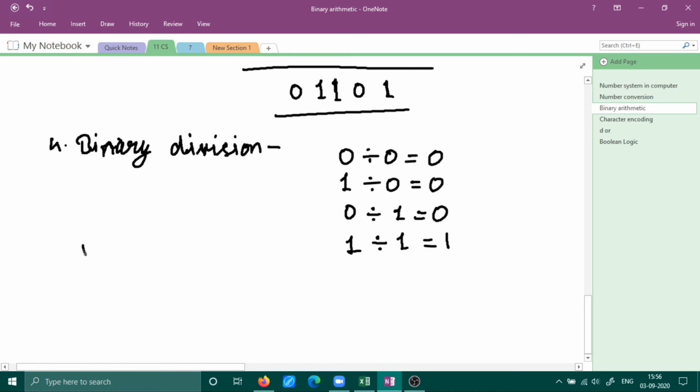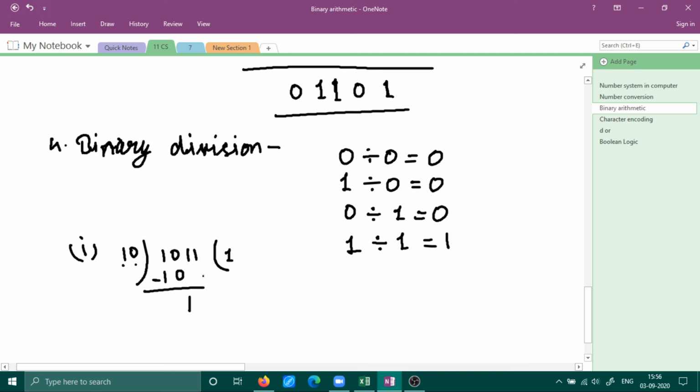Now let us see these rules with an example. Here we have a number 10, and we want to divide the number 1011 by it. So let us divide. Suppose we treat them as normal decimal numbers and then apply the same rule. Suppose this is 10, this is 10, although it is not. So 10 ones are 10, and if we subtract them we get nothing, and a digit 1 will be left after subtraction.